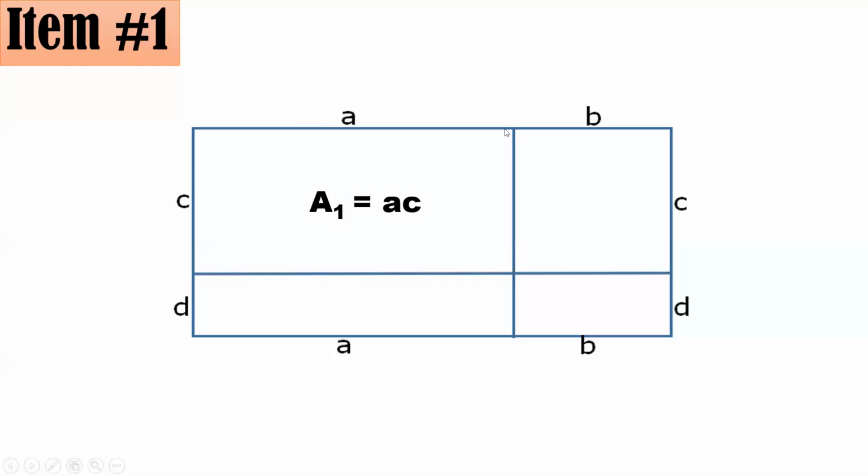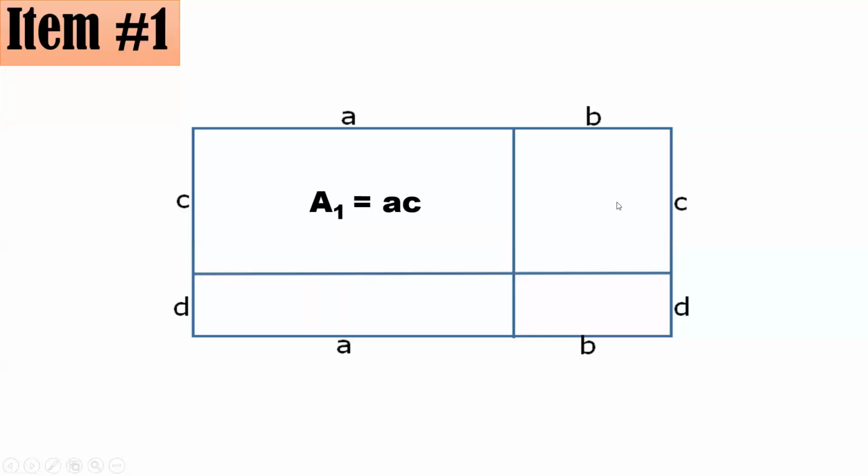This is a rectangle whose dimensions are A units and C units. To get its area, di ba yung area ng rectangle is length times width? So A times C. So this rectangle here has an area of AC.